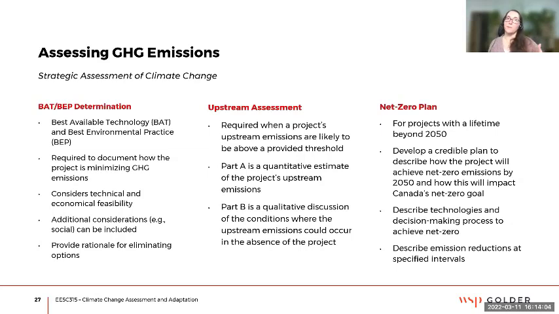The amount of upstream emissions you have, of course, depends where you are in a production process. So for example, if you were looking at developing a battery and you wanted to make all sorts of batteries in a factory, you might have to consider all of the metals coming in.